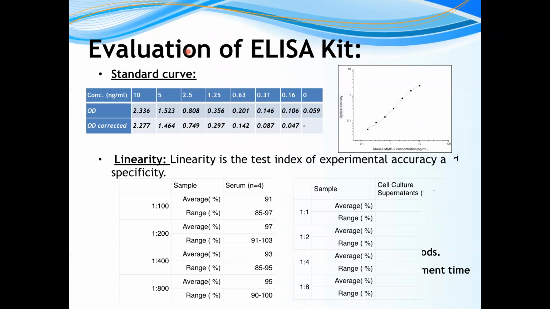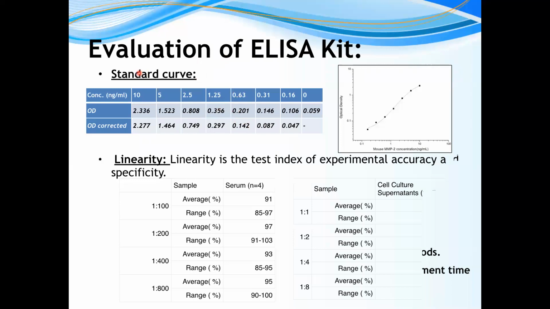But how can we evaluate if this ELISA kit is appropriate for our samples or not? Here are some of the parameters that need to be monitored in order to evaluate the ELISA kit.